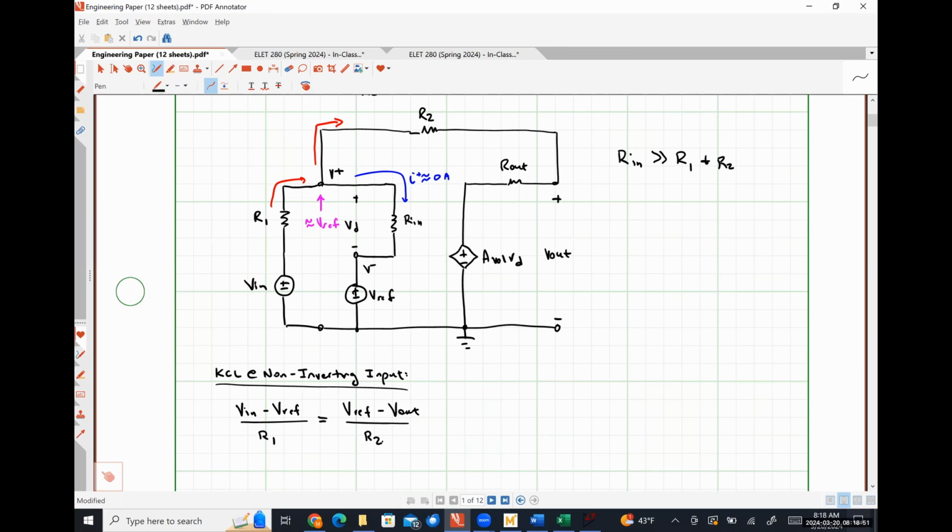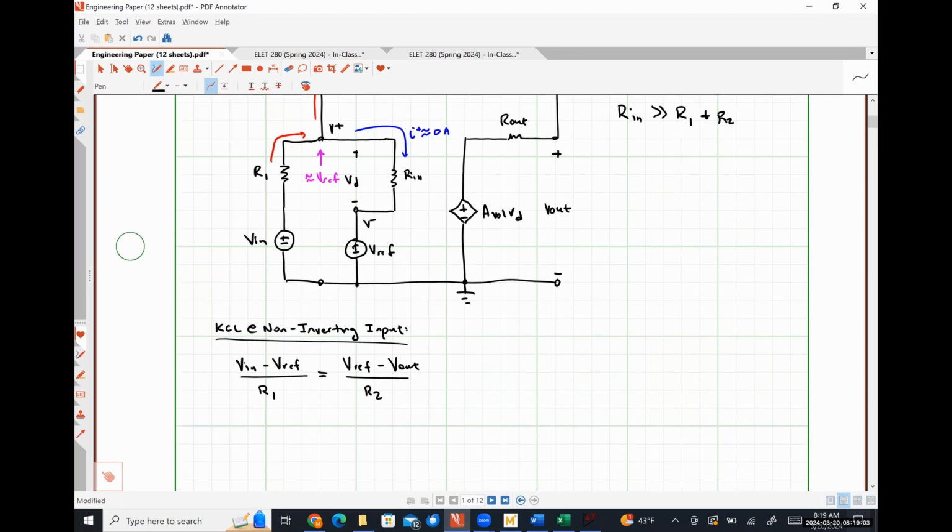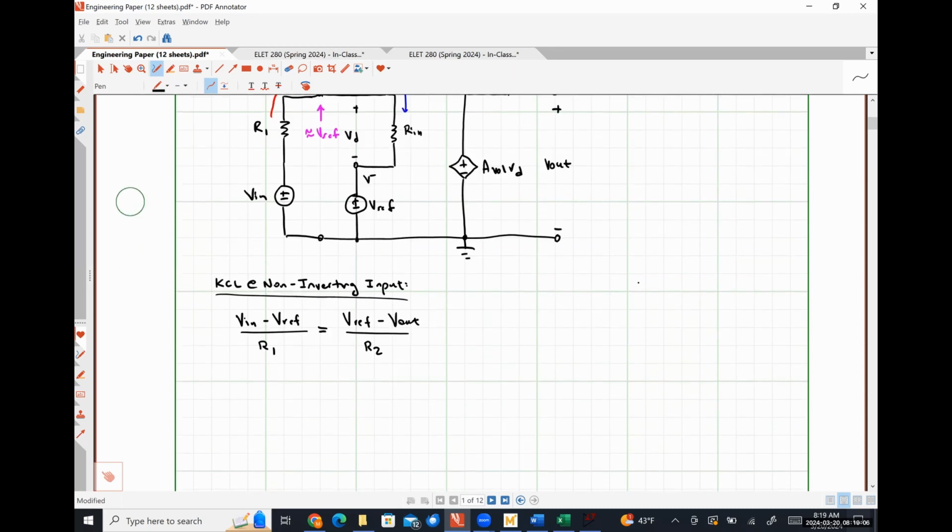All right, so what we can do is move the Vref terms to one side of the equal sign and the non-Vref terms to the other side, and we'll see something like this, right? So I might have Vn over R1 plus V out over R2 is equal to Vref over R1 plus Vref over R2.